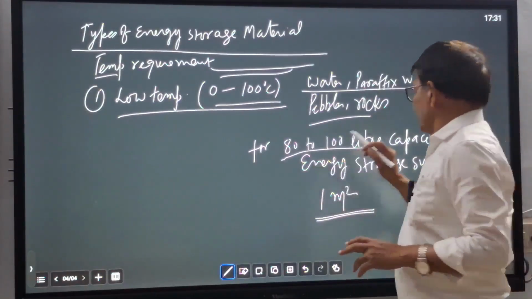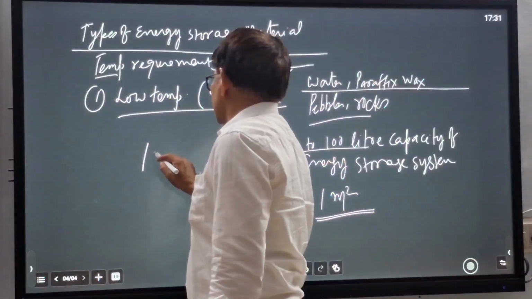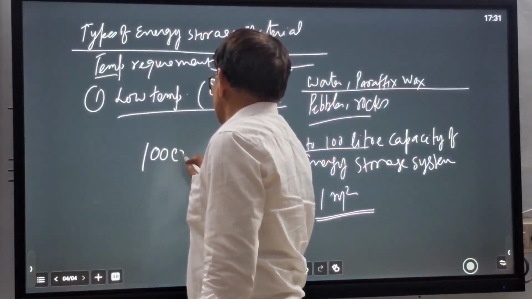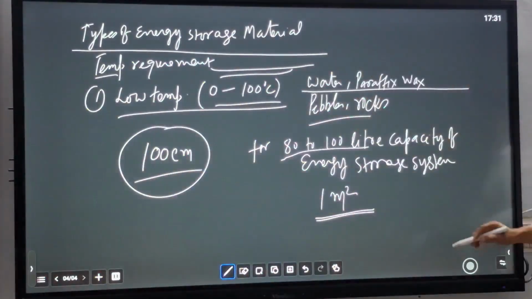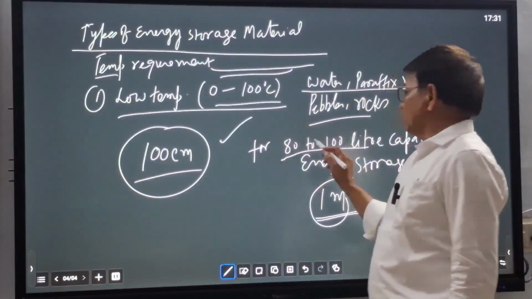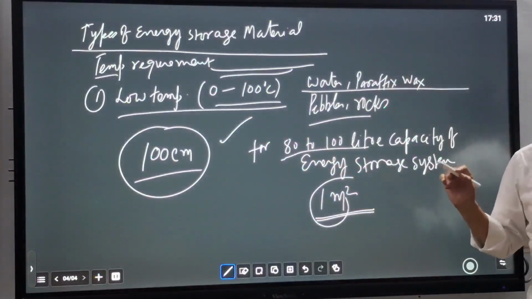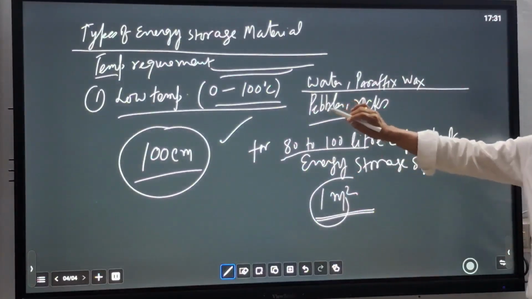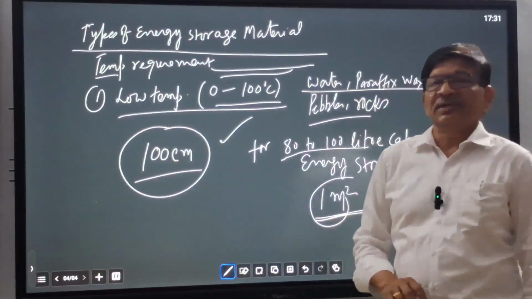Suppose we require one cubic meter of energy storage, so we multiply it. How much area will be required? We can calculate, because we know that for 80 to 100 liter capacity of energy storage for low temperature range, 0 to 100 degrees centigrade, we require 1 meter square area of the collector.